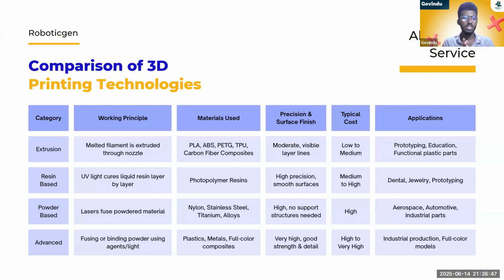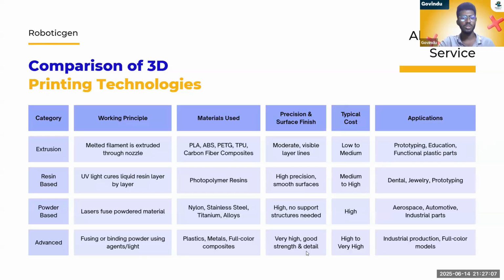So when you talk about the working principle, I already talked about it. In extrusion, melted filament is extruded through the nozzle onto the bed, and in resin printing, UV lights on the bed cure the liquid resin layer by layer.